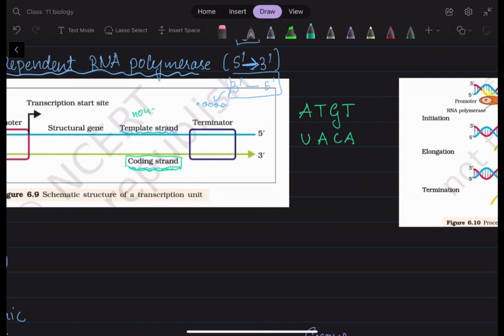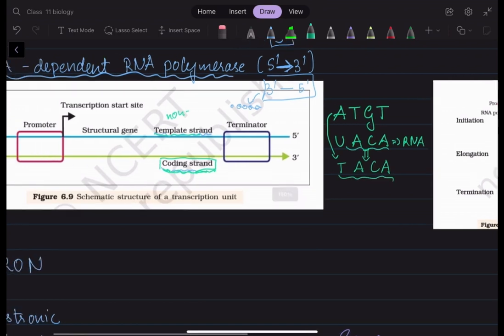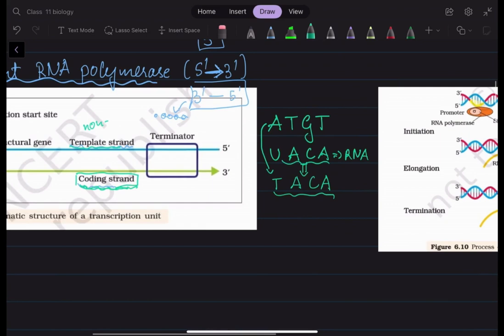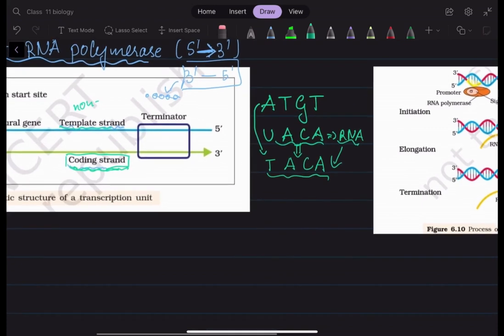Now, if you tell me this was the template strand and this was the RNA transcribed, what would be the corresponding code of the coding strand? You can see how similar the transcribed RNA and the non-template strand are, right? That is why they probably named it the coding strand, because we can identify the code of the RNA just by looking at our non-template strand and replacing the T with U's.